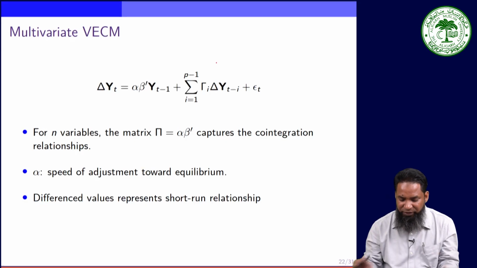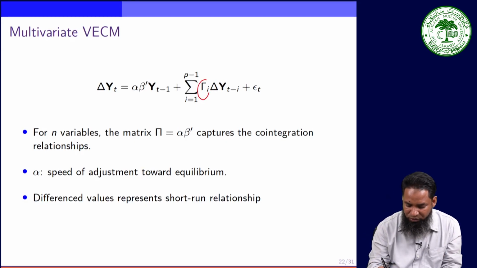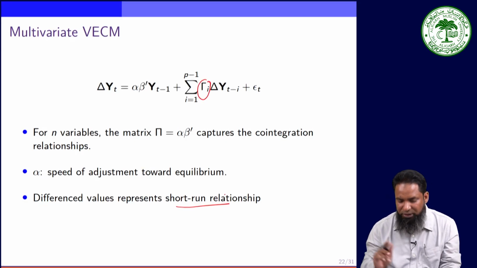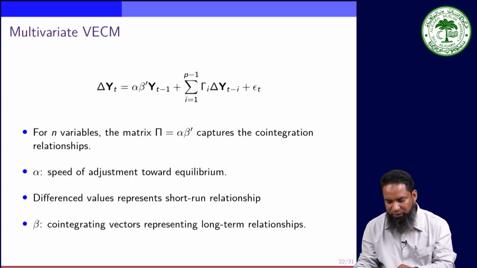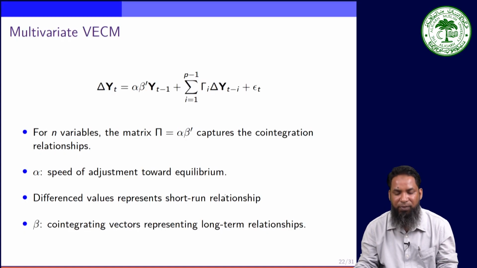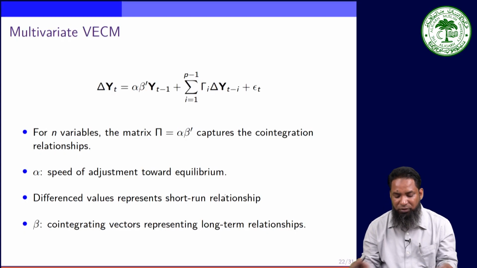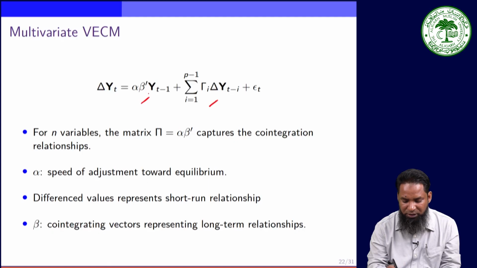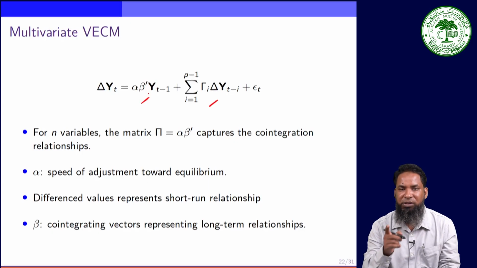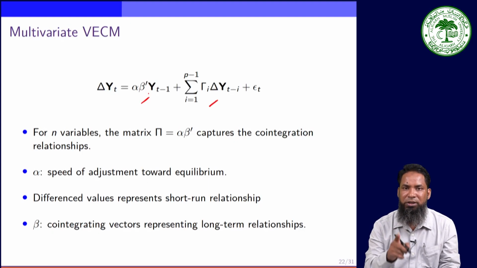The coefficients of the difference terms represent the shorter term relationship, and beta is the cointegrating vector representing the longer term relationship. So in the case of VECM, we are able to represent both the short term as well as the long term relationship of variables which are non-stationary and cointegrated.